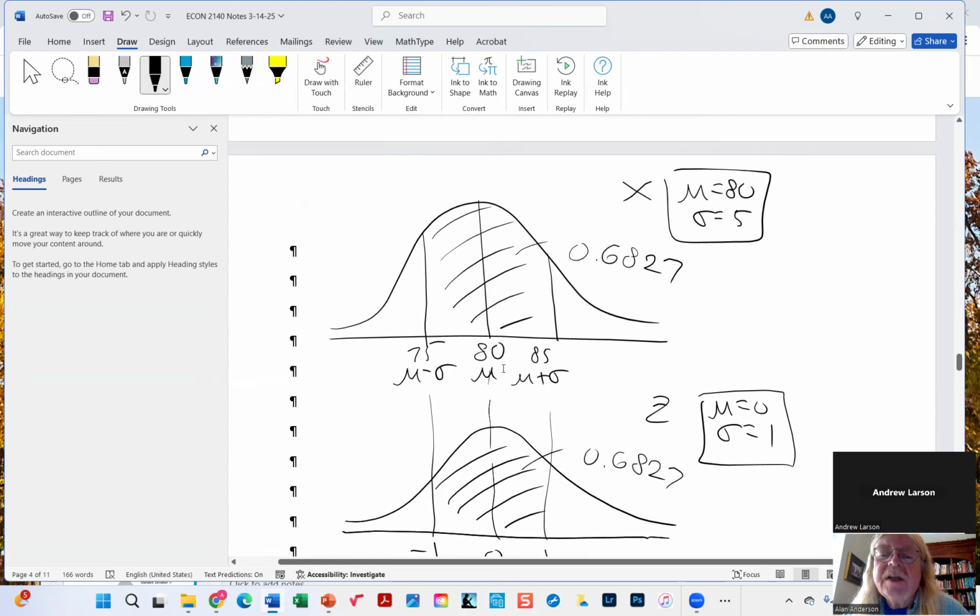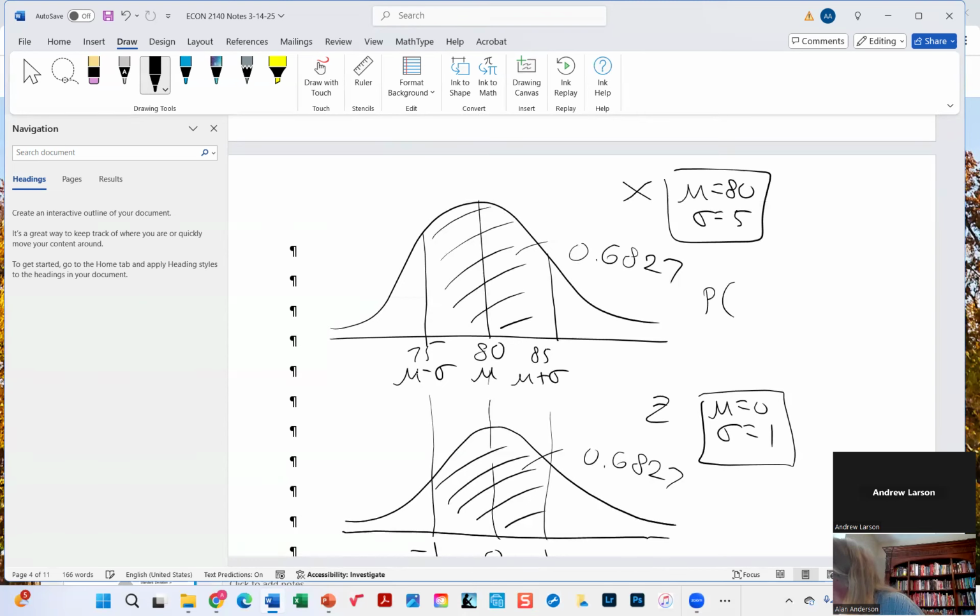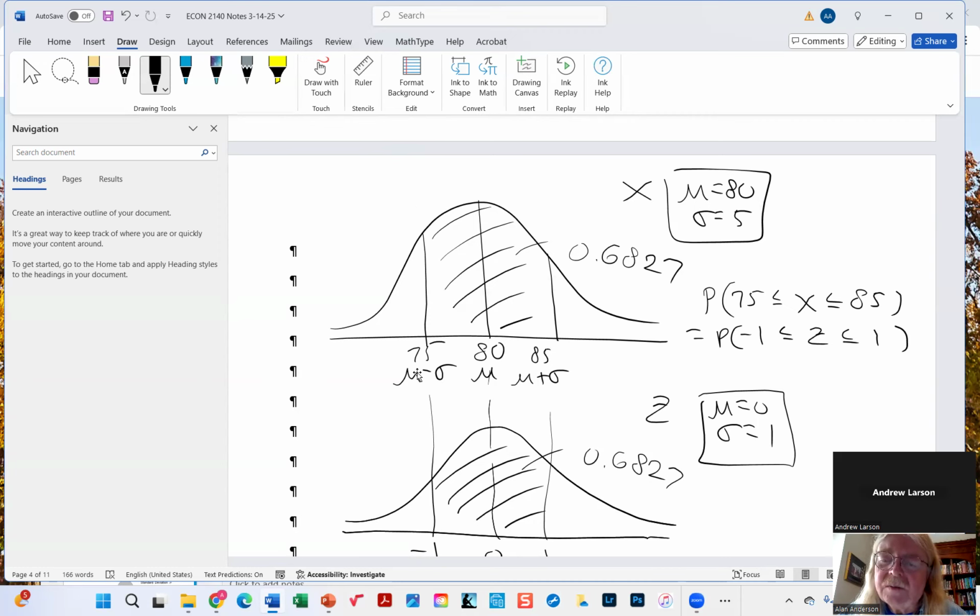In other words, x being between 75 and 85 is the same thing as z being between positive and negative 1. Because z represents the standard normal, x is normal but not standard normal. And so what really is different between the two is simply the units in which they're measured. That's it.